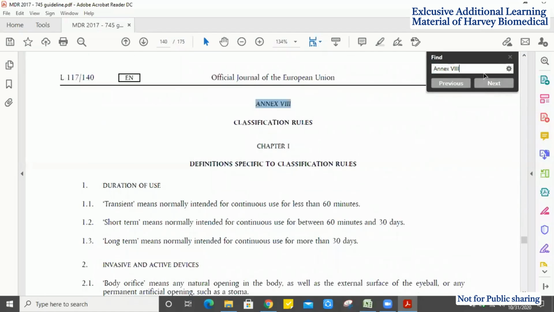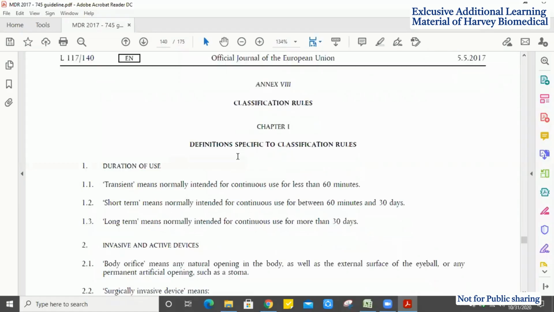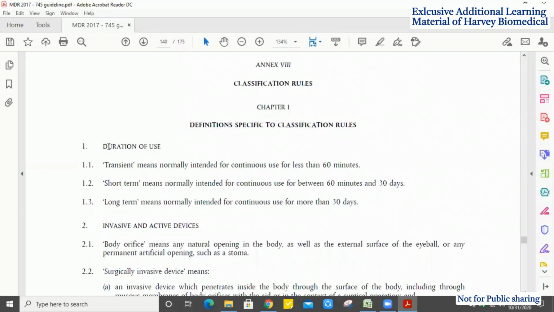You see, this is a classification rule. Here in the classification rule, you have to check the duration of use, that is transient, short term or long term. You have to know what is transient, what is short term, what is long term. Transient means less than 60 minutes, whenever the medical device is touching the human body. For example, a syringe.